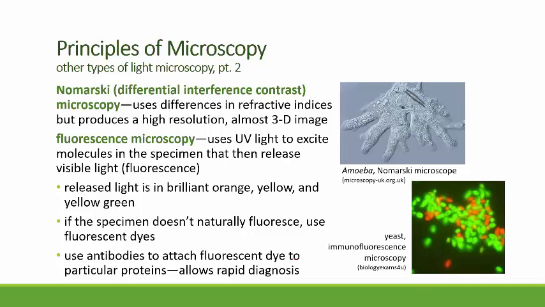So you can build antibodies to bind to particular proteins and carry along with them fluorescent dyes. This can be used for rapid diagnosis if you're trying to see whether there are specific marker proteins on cells. All of this is under that umbrella of fluorescence microscopy.